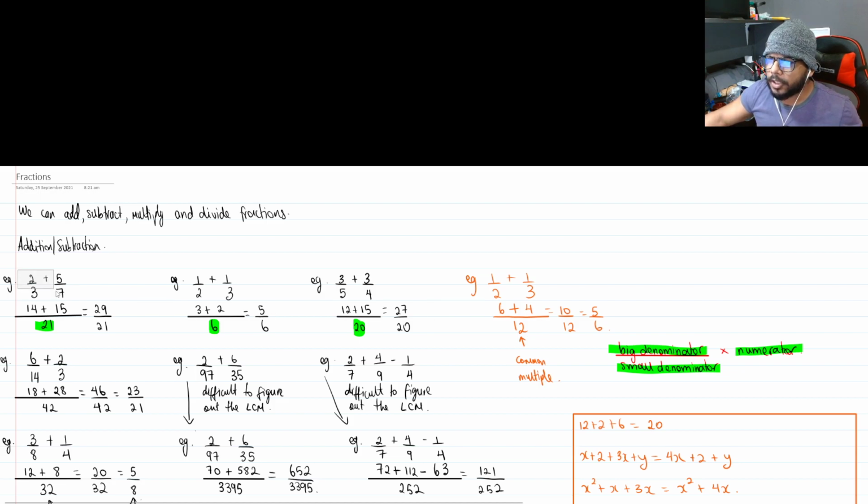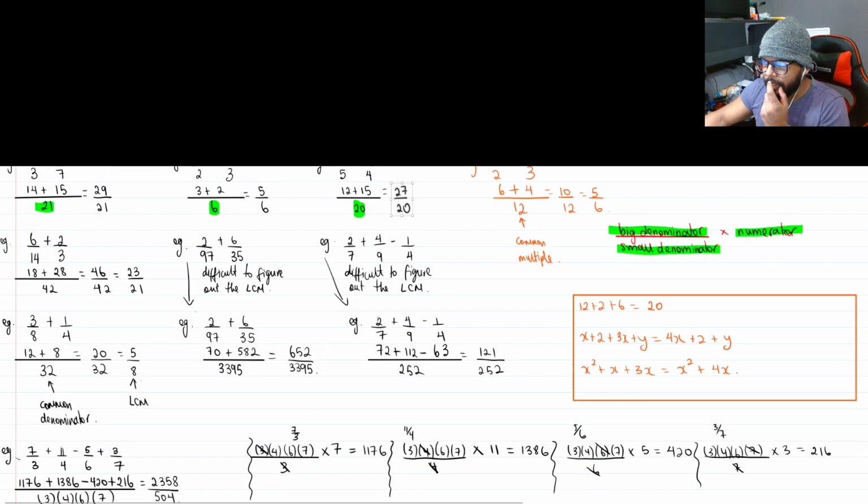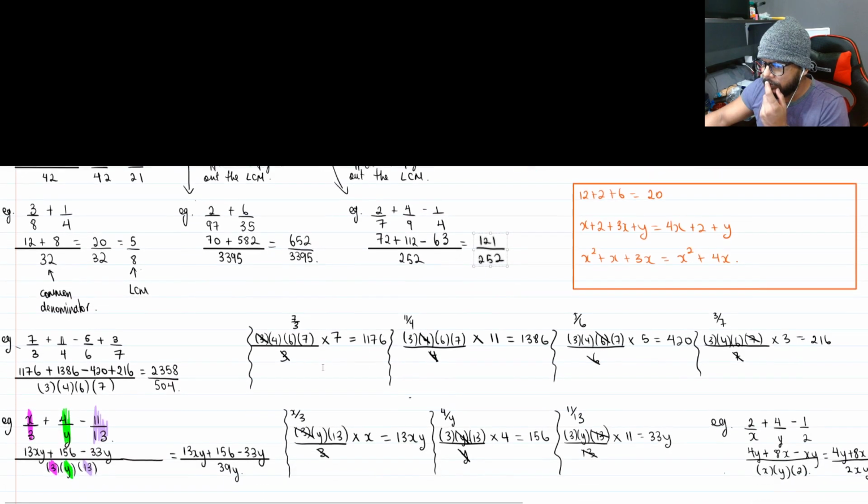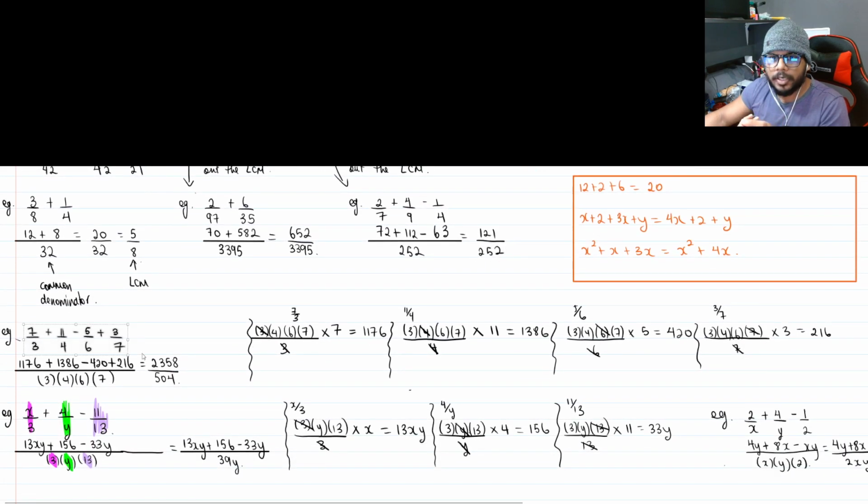I took 2 fractions and I expressed it as 1 fraction. I take 3 fractions and I express it as 1. Then I take 4 fractions and I express it as 1.